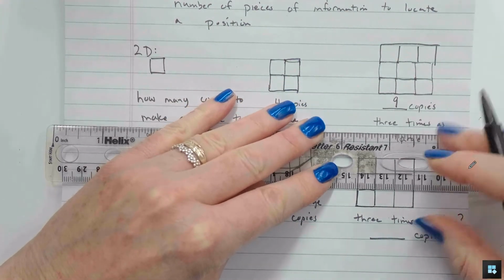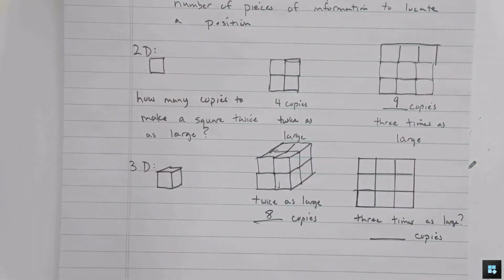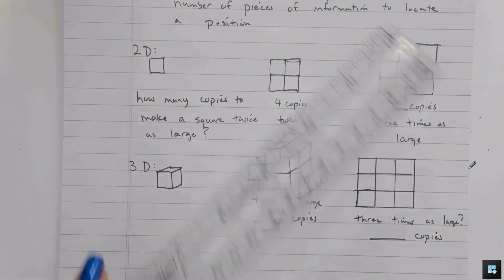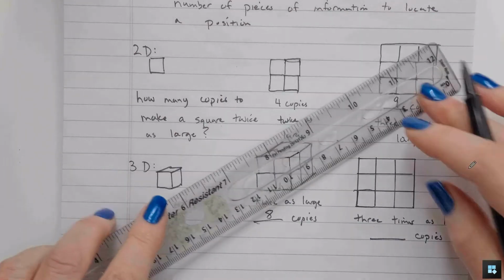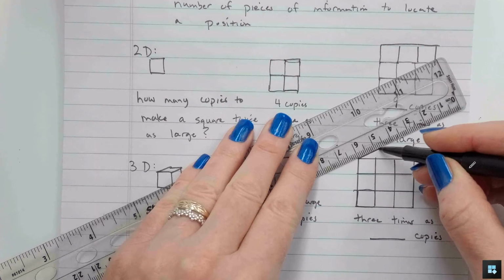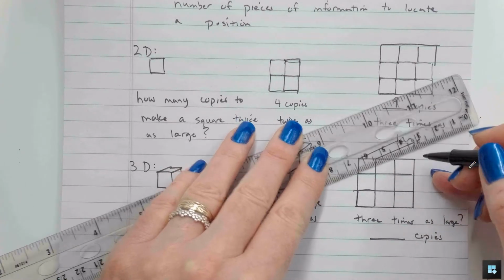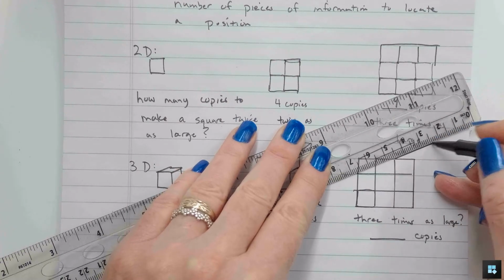So we're visualizing this by making it, and that helps us think about how many copies we have. So, drawing the thickness, that's not so easy.